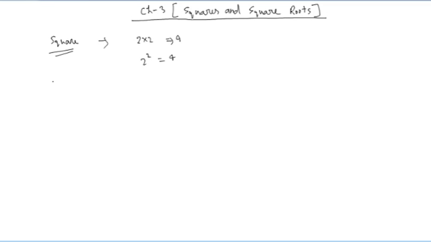What is a perfect square? A natural number is called a perfect square if it is the square of a natural number. Here 2 is a natural number, and 4 is the square of 2.